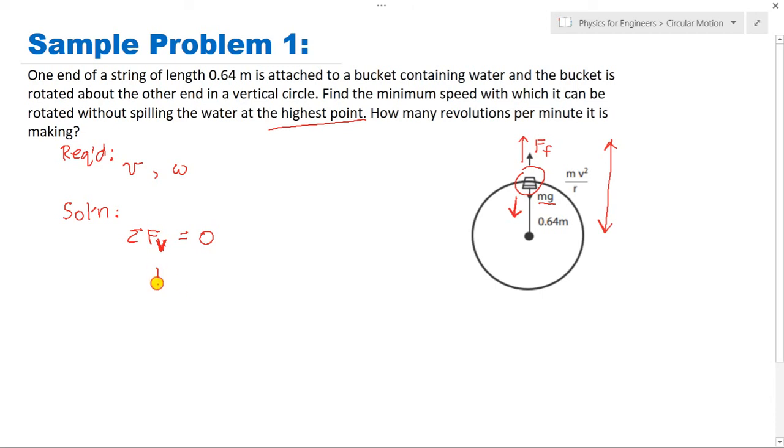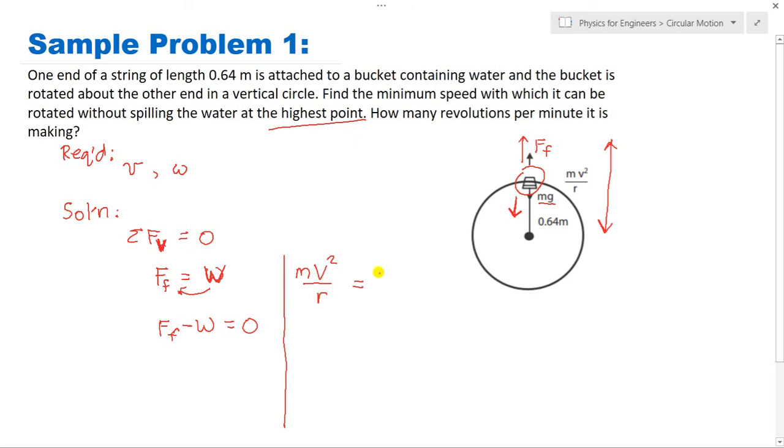So we know here that your centripetal force is just equal to your weight, W, the weight of your bucket or your water. If we transpose it to the other side, we have FF minus W equals 0. Therefore, we achieve the equilibrium position. And then, after this, we recall that our centripetal force is just the mass of the water times its velocity squared over the radius of our circular path, which is also equal to the weight of your water.